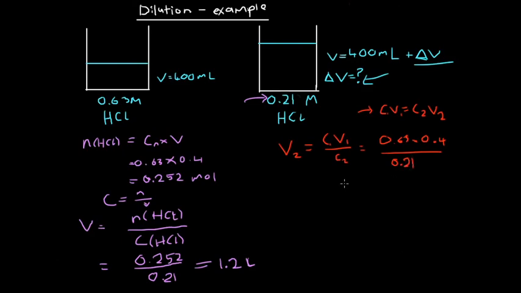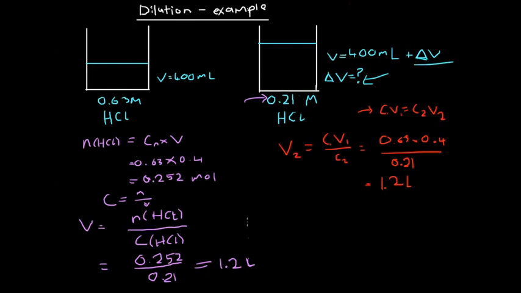And what that gives us straight away is 1.2 litres. So we can use this formula and we get the same answer as if we just used our logic and figured out the mole of hydrochloric acid, and then the volume that we would need to make a solution of concentration 0.21 mole per liter. So we can use either method. If we're feeling a bit tired, just plug this formula in. Otherwise, think through the logic and understand what's happening, and see why we get the same answer.